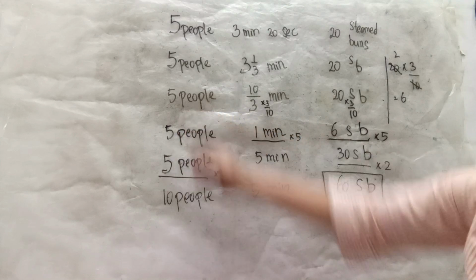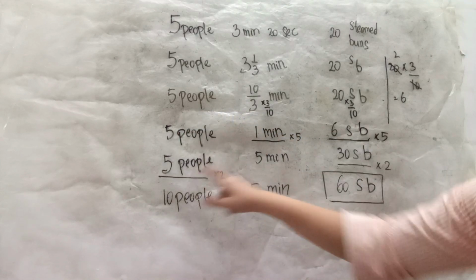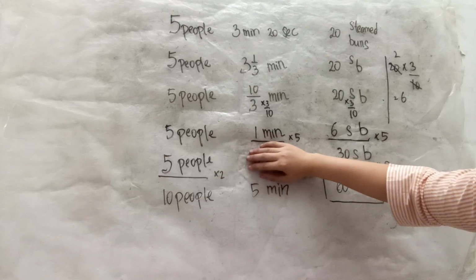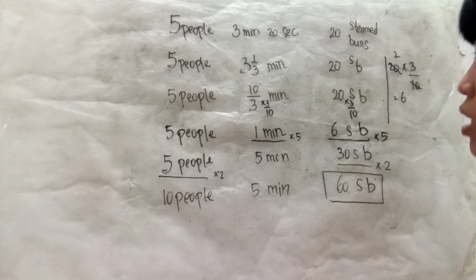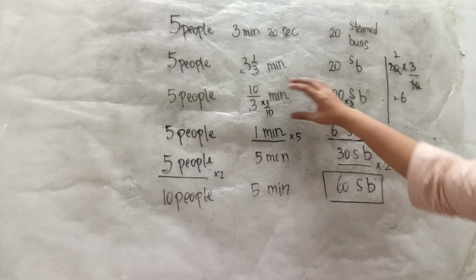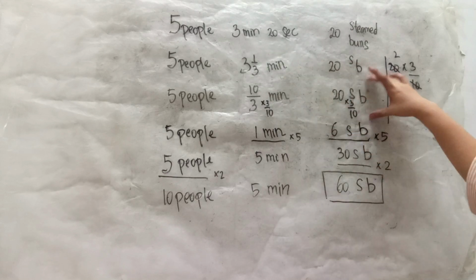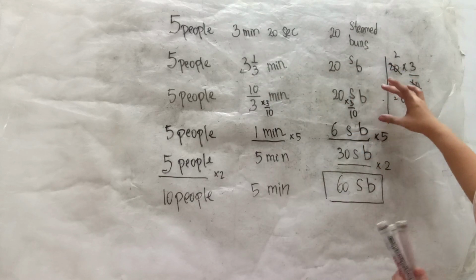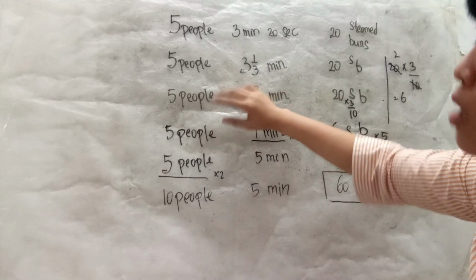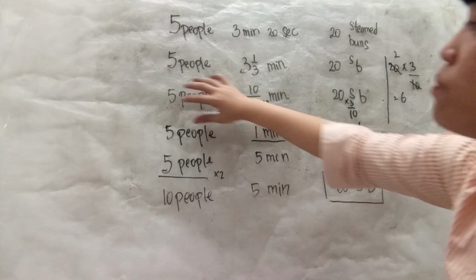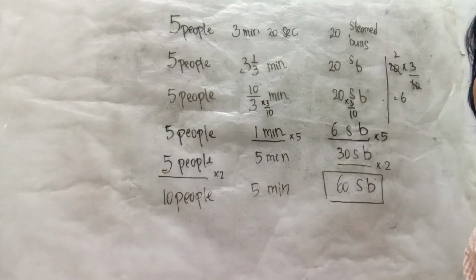But when you multiply the people and the steam buns, you don't multiply the time. For example, the time you times by 3 over 10, the steam buns you also times by 3 over 10, but you don't multiply the number of people by 3 over 10. So there must be one part that's constant.